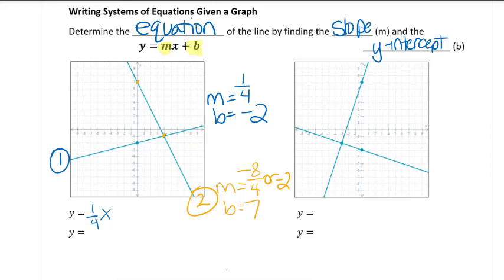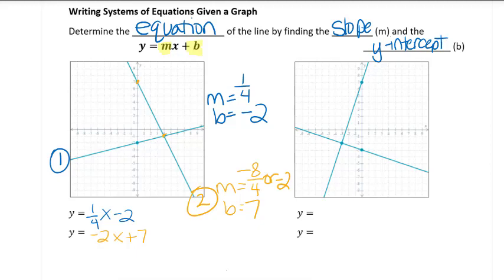However, my b value is negative, so I can go ahead and just put -2. I do not need a plus when it's negative. And for line 2, y equals my slope -2x, and my b value is plus 7. And there you have it, two equations for the 2 lines on the graph. And we have our system.